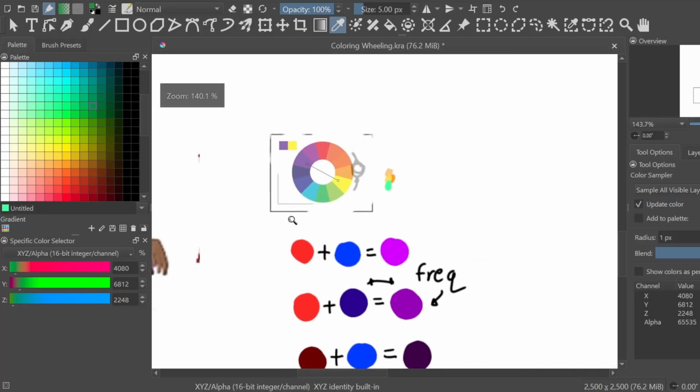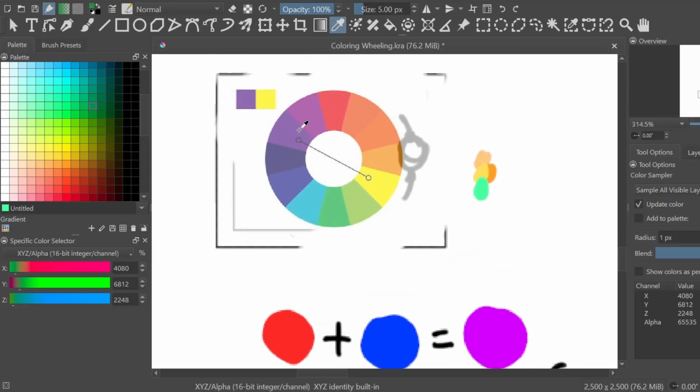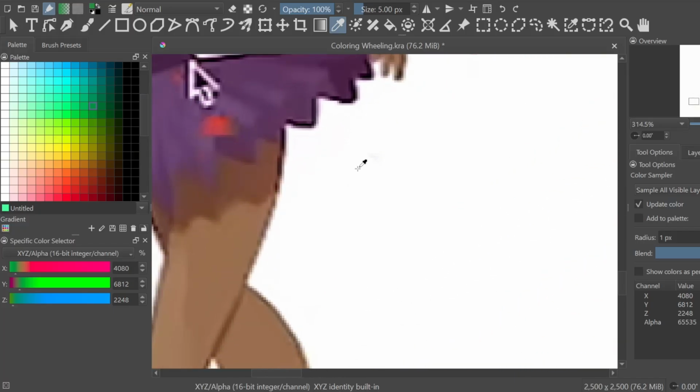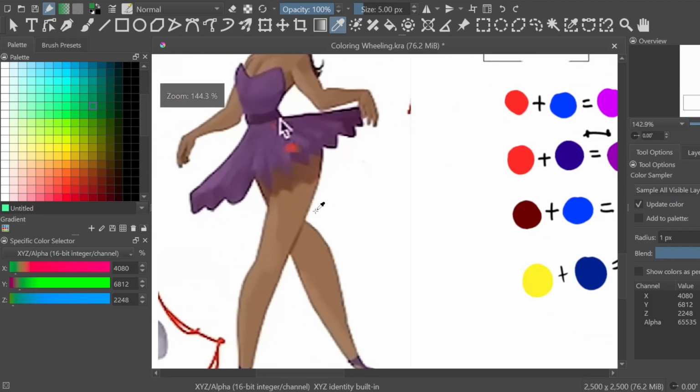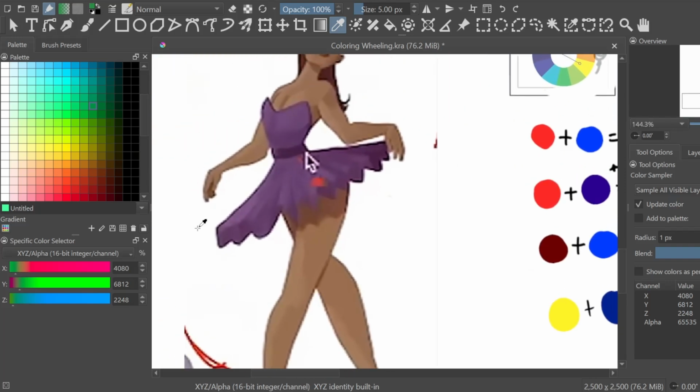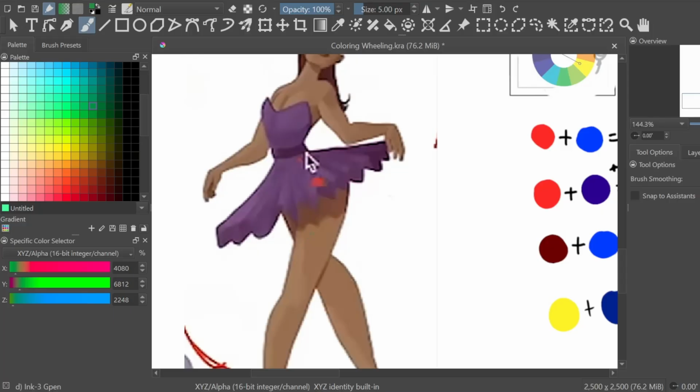Despite that, these colors are all closer in similarity to purple than these colors are, because of its luminance, and mostly its luminance, its frequency.